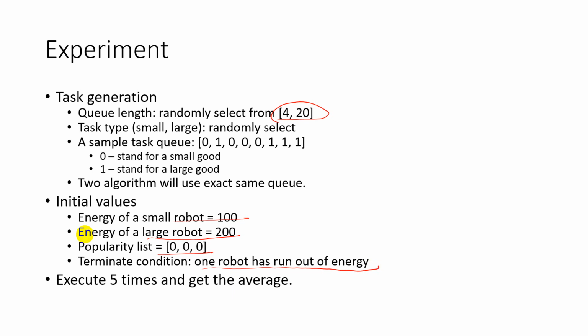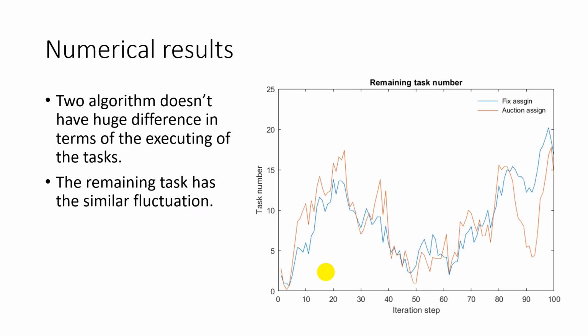Because this scenario has some undetermined parameters, I executed 5 times and took the average result. Here are the numerical results. The first one is the remaining task number in each iteration step. I have step 0 to step 100, and I did 5 experiments and took the average.